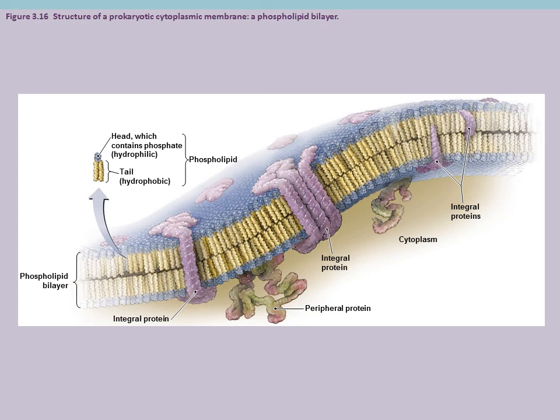That's the phosphate group, and it's shown as blue here. It's a bilayer, meaning you have two layers. So those fatty acid tails that are hydrophobic are going to point towards each other. And then in this drawing, you have the proteins that are colored as purple. As you can see, there are several of the integral proteins that are extending through. And then you have peripheral proteins as well.